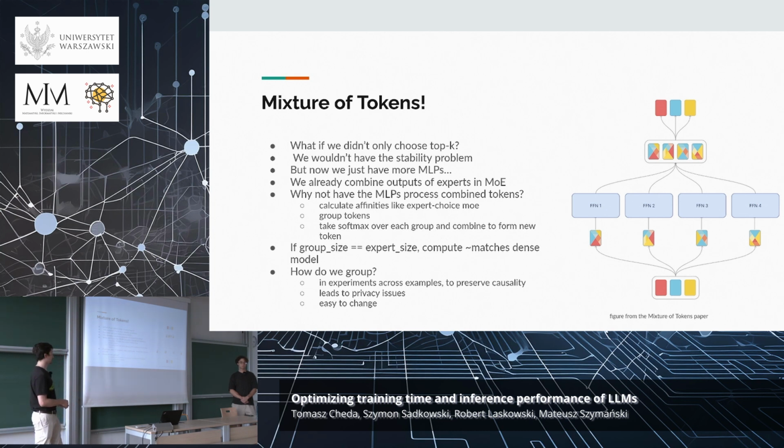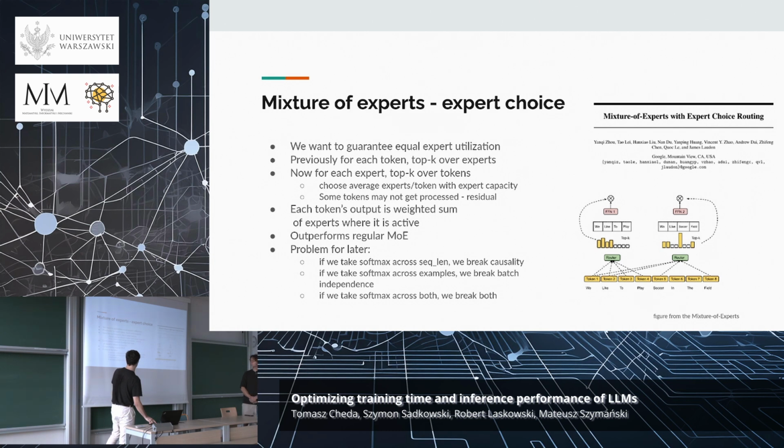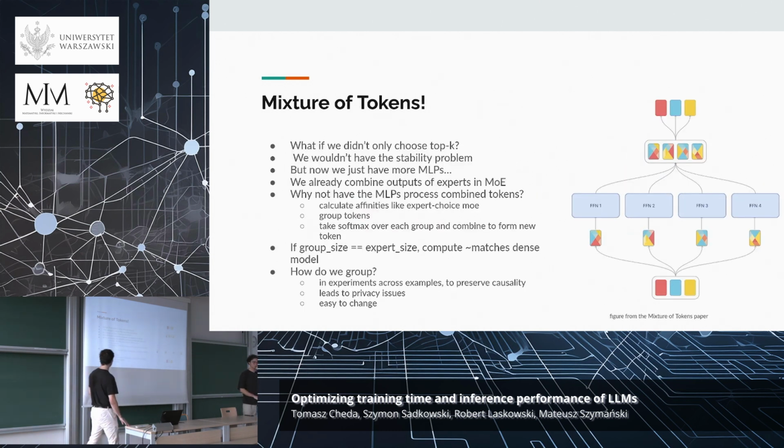We can think of grouping as taking the softmax over either the sequence length or the batch dimension. And then the other part of the routing works like regular expert choice MOE. The difference is that we are not taking the top k, so we don't have the stability problems.